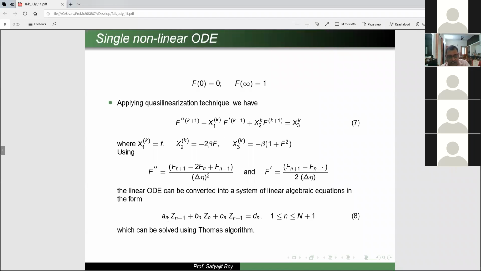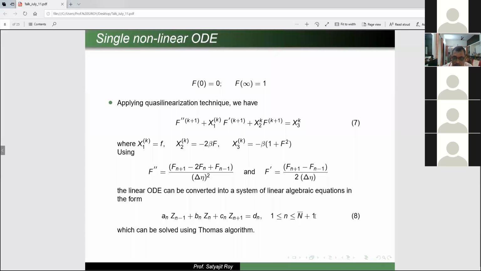Okay. A1, Z0, where Z0 is the boundary condition. B1, Z1, C1, Z2, then Z1, Z2, Z3, like that it will go up to n plus 1. So there are n plus 1 points, so capital N bar intervals, and you will get finally a system of n minus 1 equations because first and last are known.